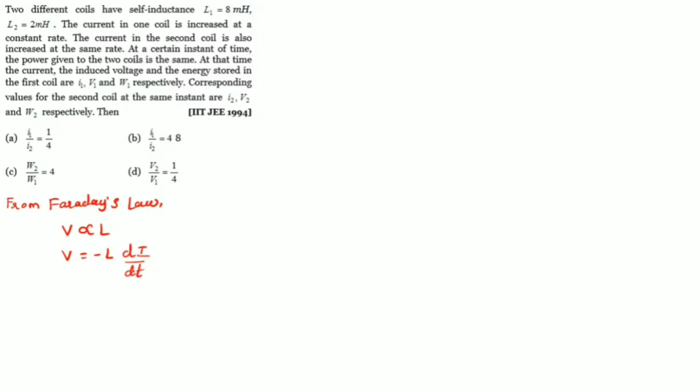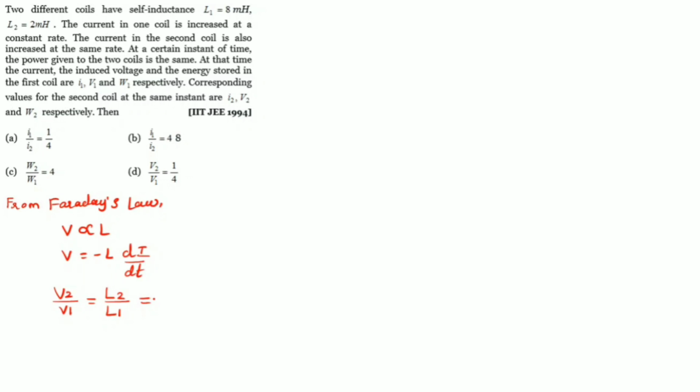This equation we have studied in self-induction. According to this question, the current is increasing at the same rate. Current is the same here. So I can write for first and second coil, V2 divided by V1 equal to L2 divided by L1. This ratio we can find.